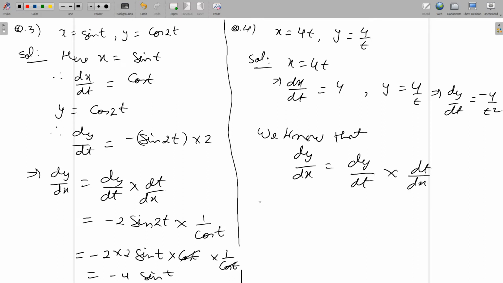Therefore, dy by dx will be equal to, dy by dt is minus 4 by t square into dt by dx, dx by dt is 4, so dt by dx will be 1 by 4. So 4 and 4 cancel out. What we will get is, therefore dy by dx equal to minus 1 by t square.